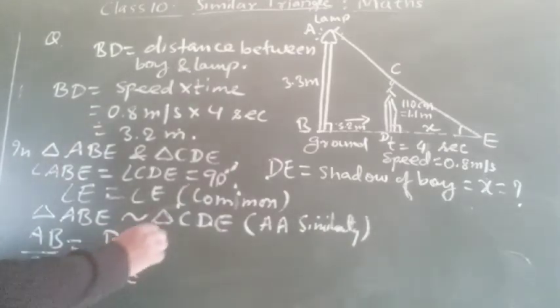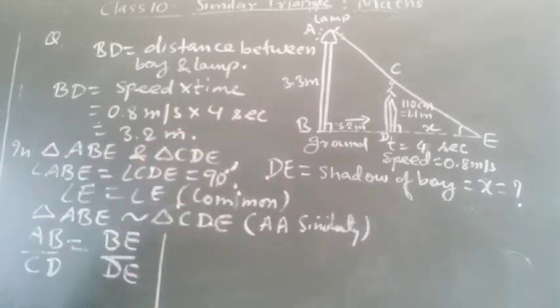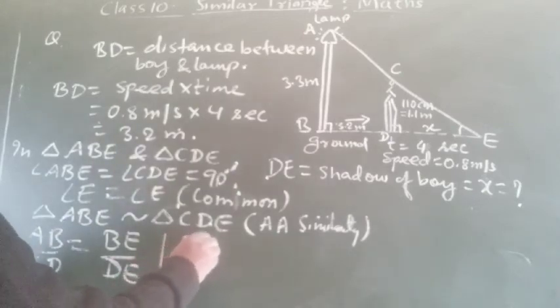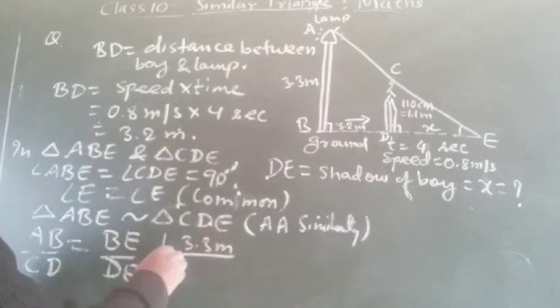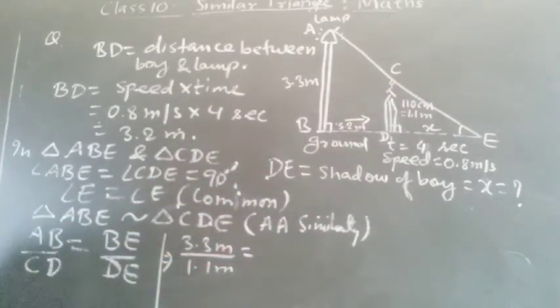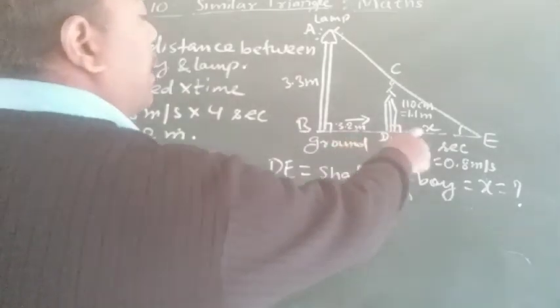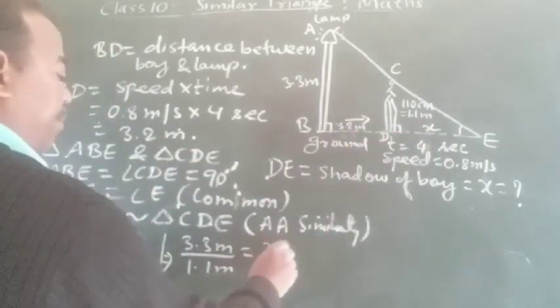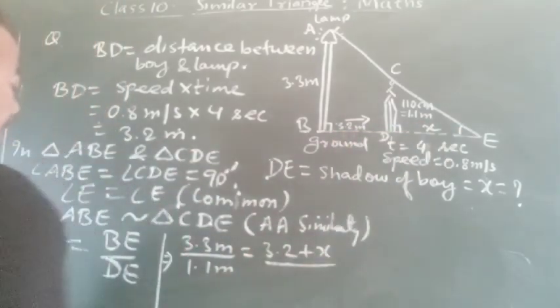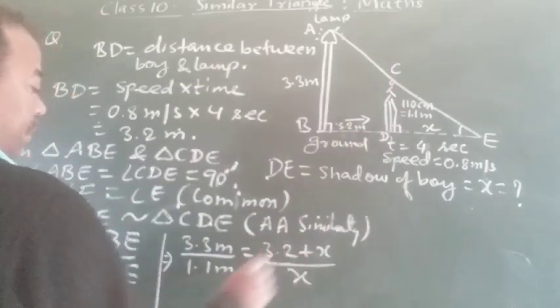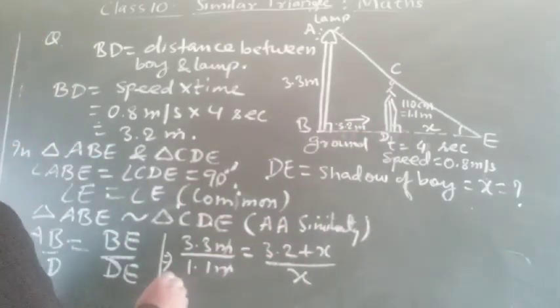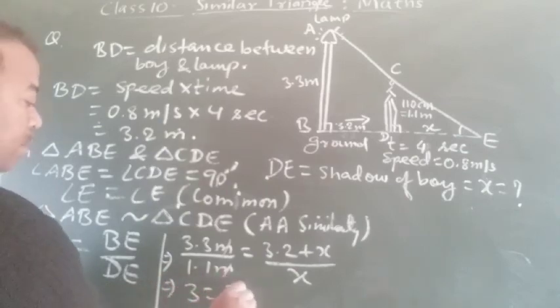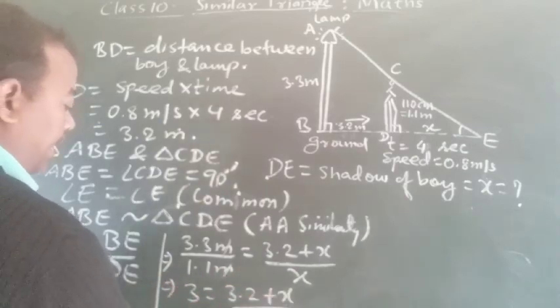AB value is given as 3.3 meter, and CD value is 1.1 meter, equal to BE, which is 3.2 plus x, upon DE, which is x. So here it is cancelled and it will be 3. So 3 equals (3.2 plus x) divided by x.